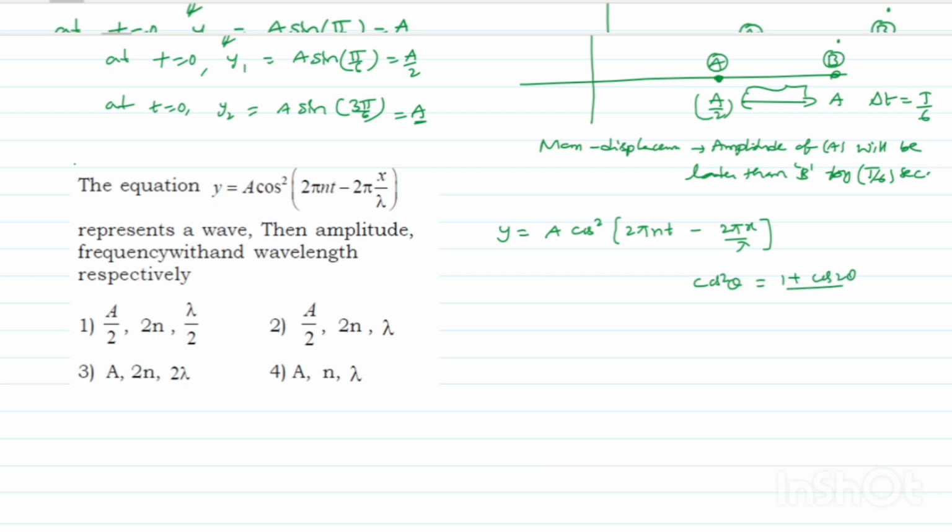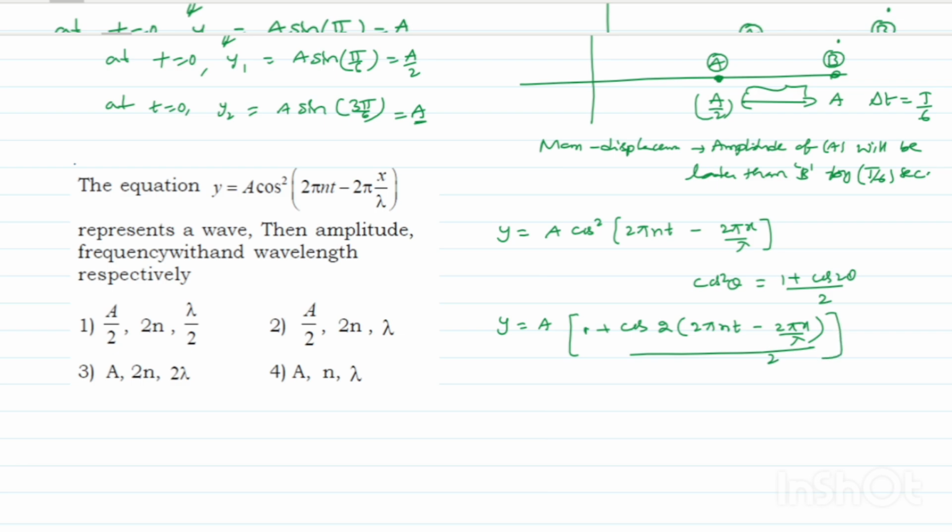So I am rewriting this equation as y equal to a into (1 plus cos 2 into (2 pi nt minus 2 pi x by lambda)) by 2.